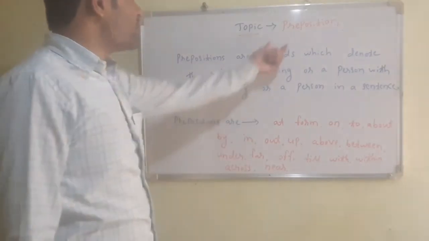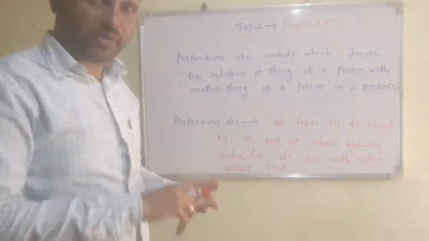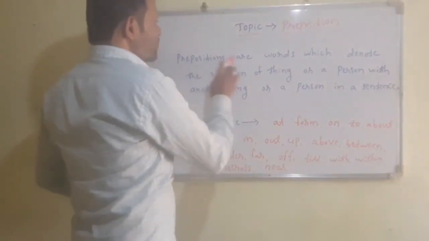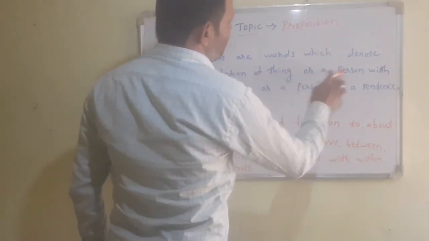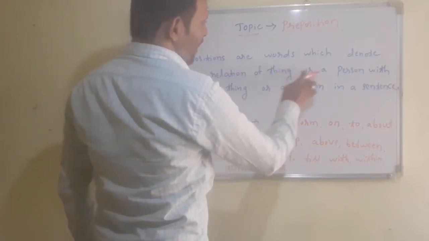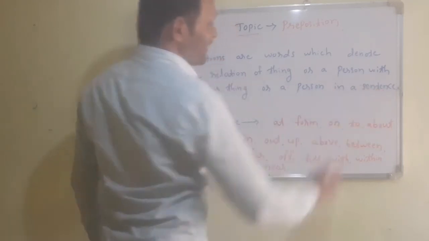Their main purpose is showing the relationship between person and thing or person and person. Prepositions are words which denote the relation of a thing or a person with another thing or a person in a sentence.